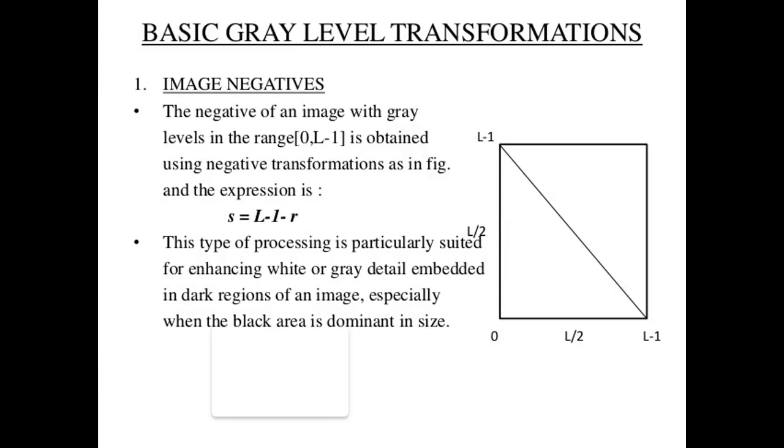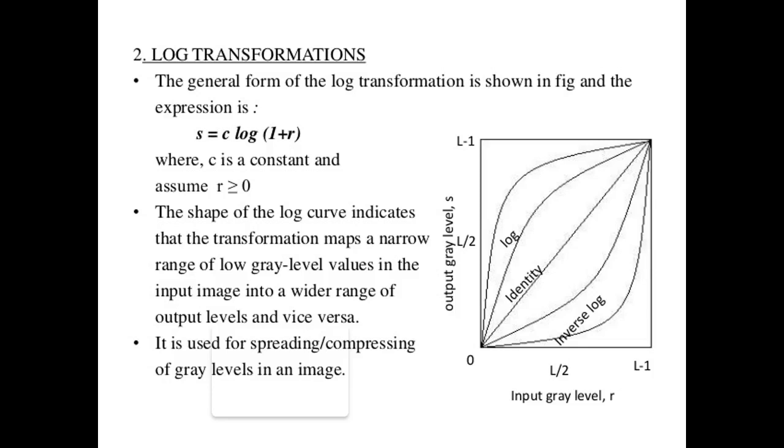For example, if you see here, 0 is nothing but black and L minus 1 is nothing but white. If we map this 0 with the output value, it is L minus 1. And if we map this L minus 1, which is white, with the output value, it will be 0.